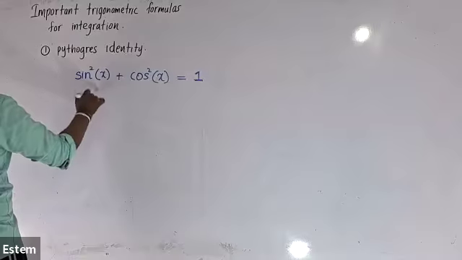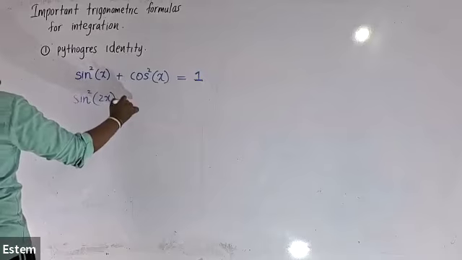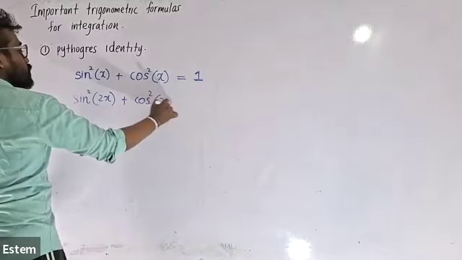Now what is the answer of sine squared 2x plus cos squared 2x?